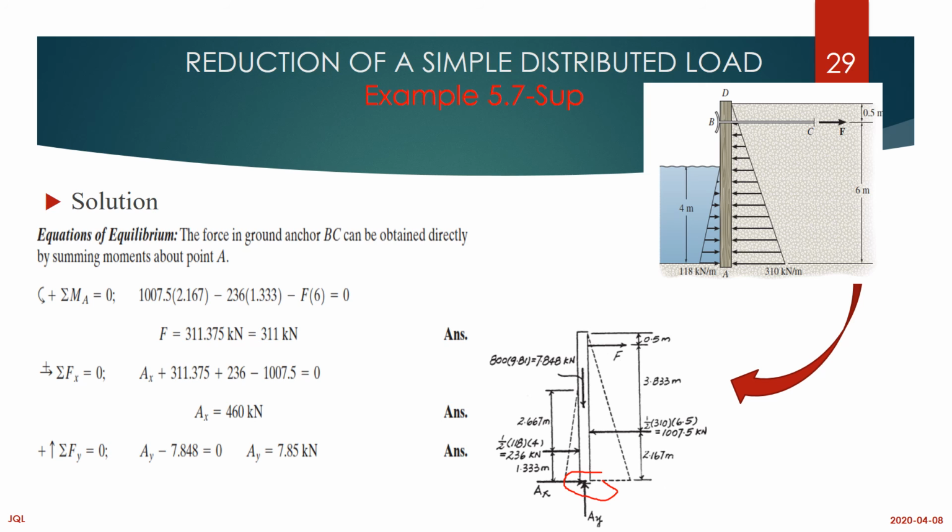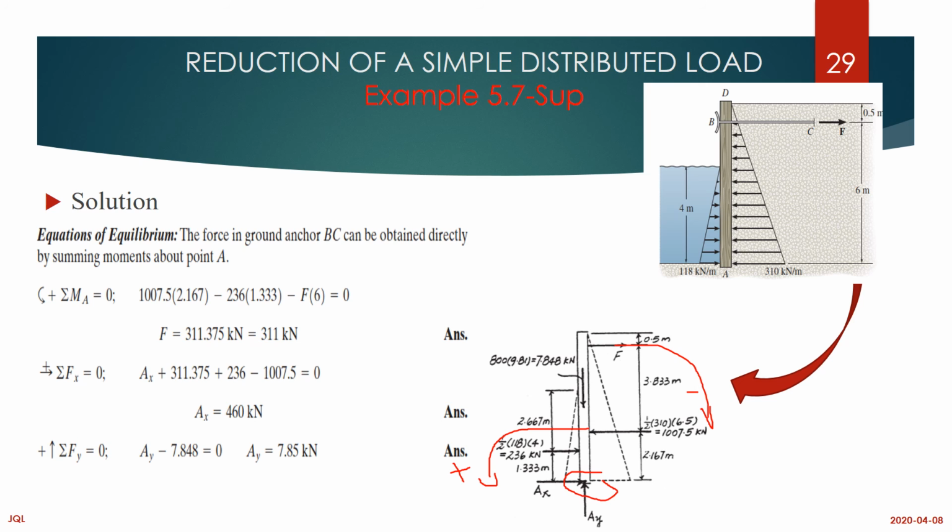You get that. Now we look at the direction of this. This is going counterclockwise, so this is positive. When you look at F, it is going the other side, clockwise, that is negative.